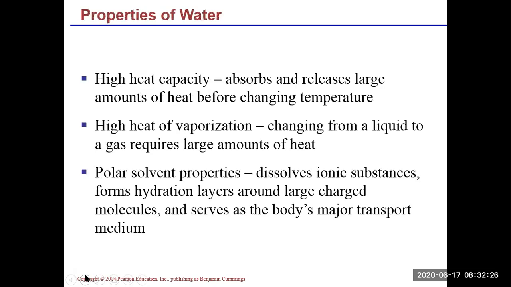We discussed some of the properties of water in an earlier lecture. High heat capacity: it can absorb and release large amounts of heat. Heat of vaporization. It's a great solvent.